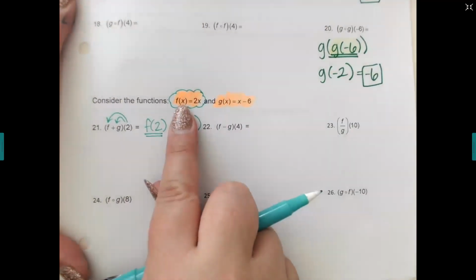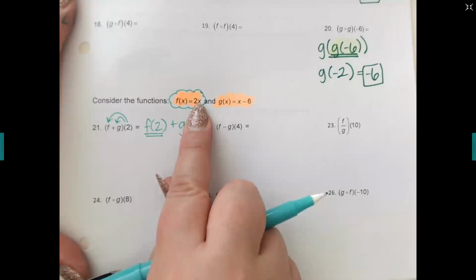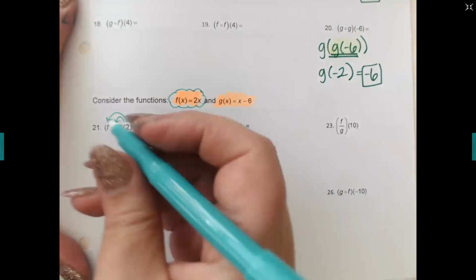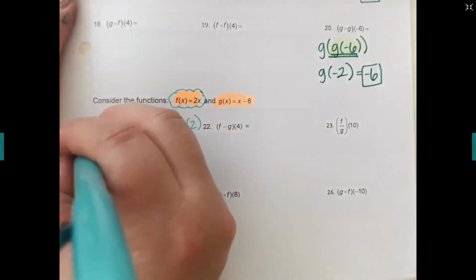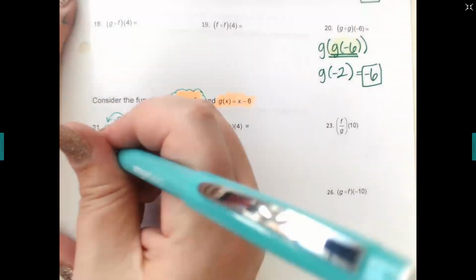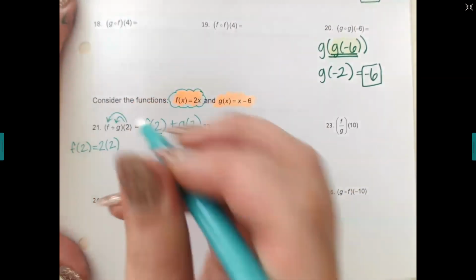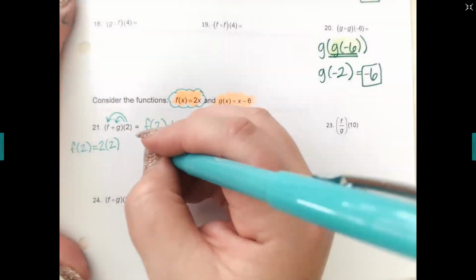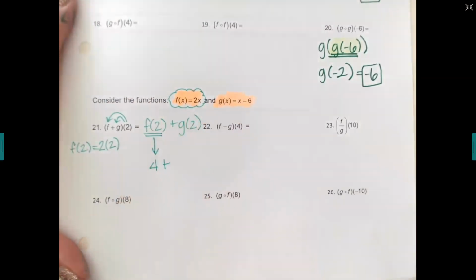So if F of x is 2x, then F of 2 would be me putting a 2 in that spot. So I'm going to write it over here to the side. F of 2 would be 2x, but with a 2 plugged in as your x value. And then 2 times 2, that's going to give me a 4, plus.